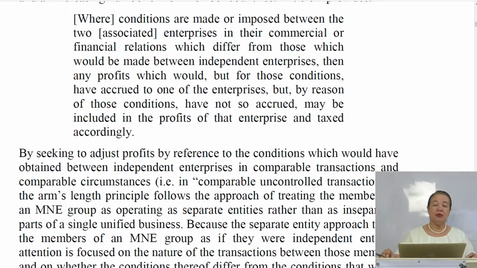That's why one of the arguments against transfer pricing is that there is double taxation. Why? Because the profit has already been declared in one country, since we are post-audit when we do a transfer pricing audit. So if the profit was already included in the profit of one enterprise, and then you take it again during the transfer pricing audit because you make an adjustment, you put it back into the profit of the other enterprise and tax it accordingly, you subject it to tax again.